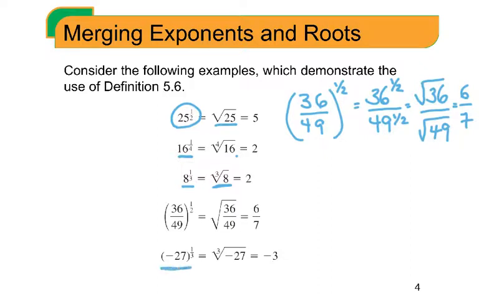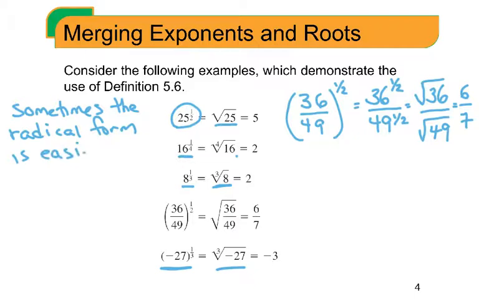Here we have negative 27 to the 1/3 power, and it's easier to evaluate if we go back to the radical sign and realize that we're just asking for the cube root of negative 27. So keep in mind, sometimes the radical form will be easier to evaluate because we're just more familiar with it. But a lot of times we're going to be using the exponential form.